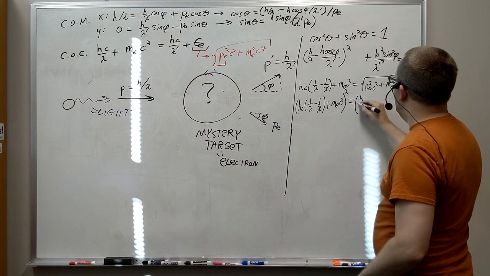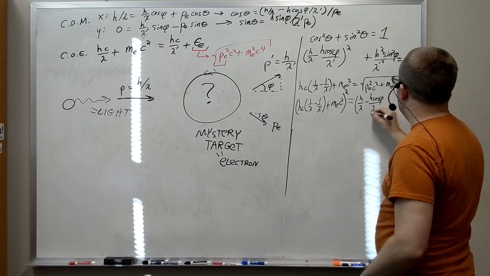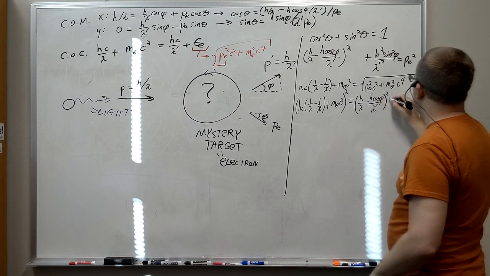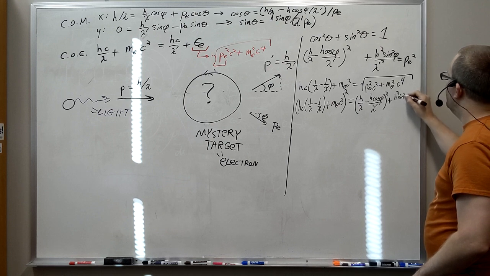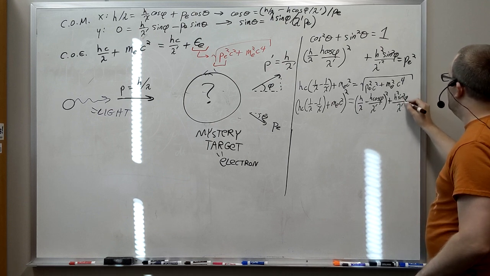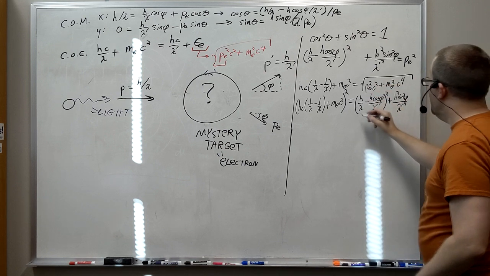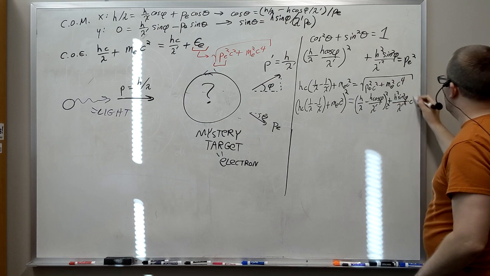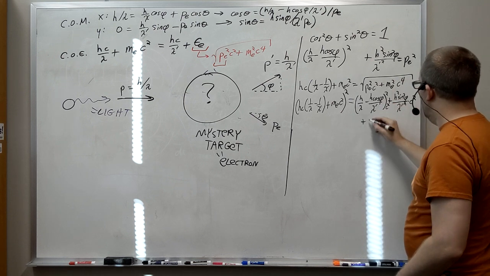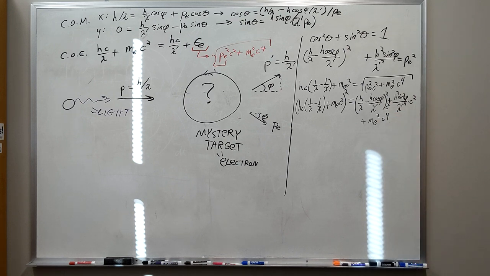So we'll have H over lambda minus H cosine phi over lambda prime squared plus H squared sine squared phi over lambda prime squared. That whole thing is PE squared. So this gets multiplied by a C squared, and this gets multiplied by a C squared, plus harmless little ME squared C to the fourth over here.